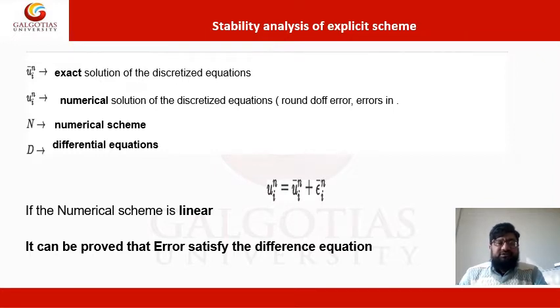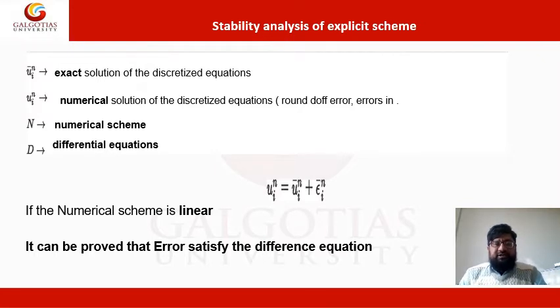First we discretize our equations, and if we can get the exact solution of those discretized equations without any round off error, let us say it is ū_i^n. And u_i^n is the numerical solution of the discretized equations, which includes round off errors, boundary condition errors, discretization errors, etc. N is the numerical scheme and D is the differential equation.